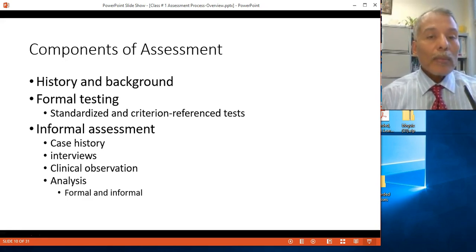Just quickly, standardized means that before the test was given to a person, it was given to a big sample, a representative sample of the entire population of the United States, for example.